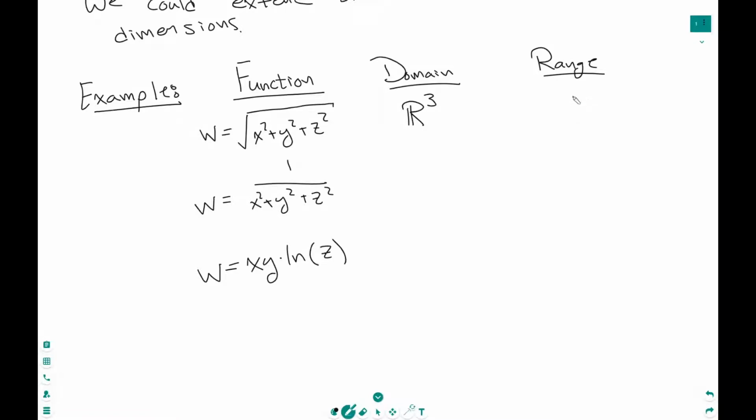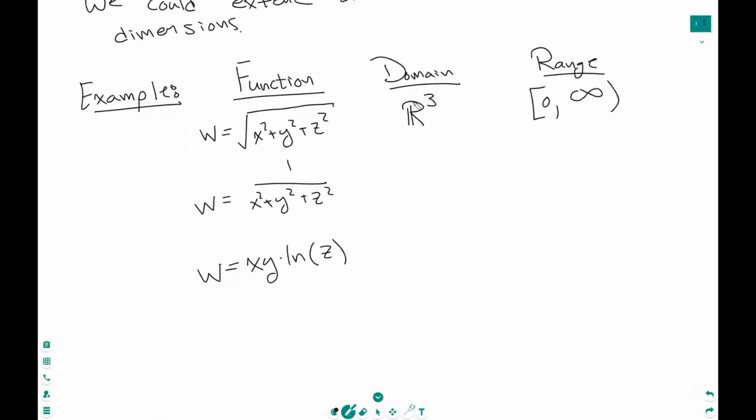All right, so for the range, if I'm always getting a non-negative number outputted from x squared plus y squared plus z squared, the square root isn't going to change that. So I can certainly get 0, and I can certainly make x, y, and z large enough that I'm approaching infinity, right? So I can make x, y, and z increasingly large. So notice here that our domain was always the dimensionality of our function, right?